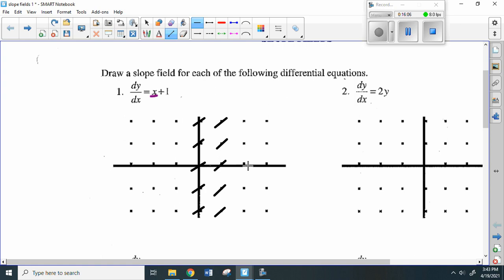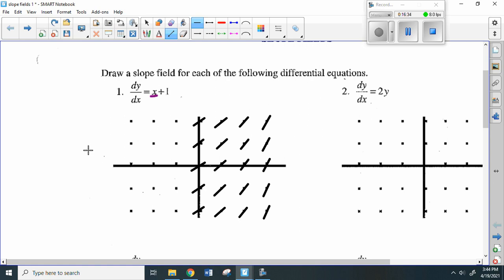When we have an x value of 2, we get a slope of 3, so we need to be a little bit steeper. Moving forward one more, we have a slope of 4, so even steeper. Obviously, we don't want a slope of undefined, so we don't make it vertical, but we still need some sort of slope.